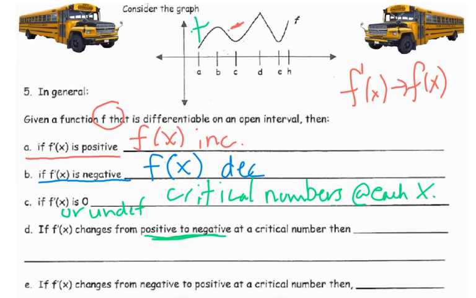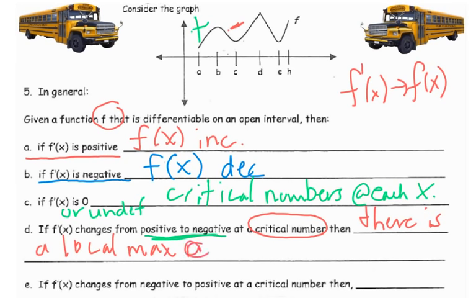So if the first derivative changes from positive to negative at a critical number, so we have to establish that, then what do we know is happening at x equal to b? Then there is a local or relative max at that value of x.